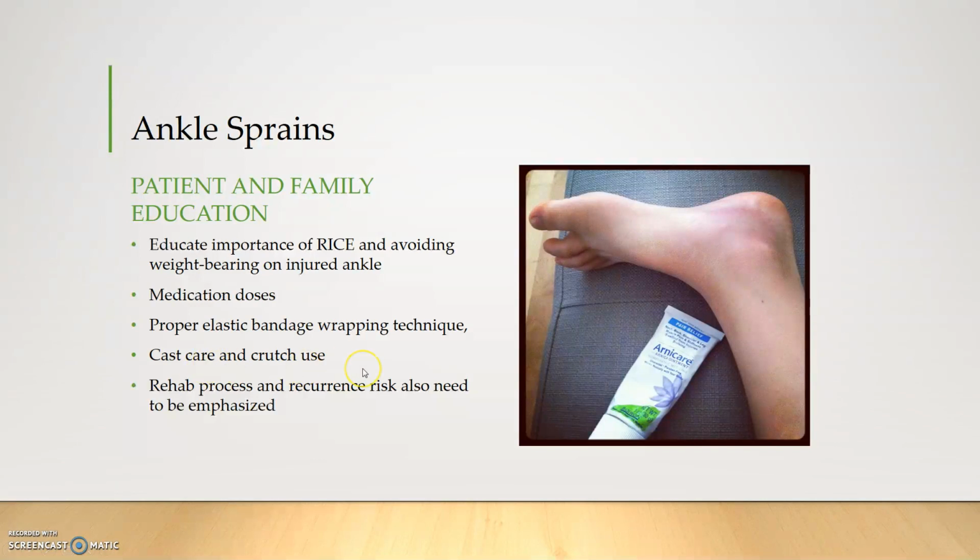Cast care or crutch use: you cannot assume that they understand. They've got to look for signs and symptoms of a tight cast or impeded circulation, and crutch use can create more damage under the armpit if you don't teach the correct use. Rehab processes and reoccurrence risk also need to be emphasized because it's much more common. Thank you.